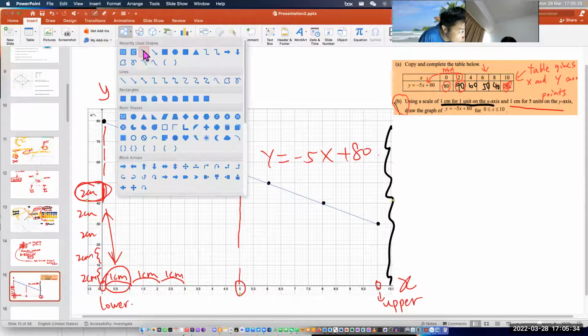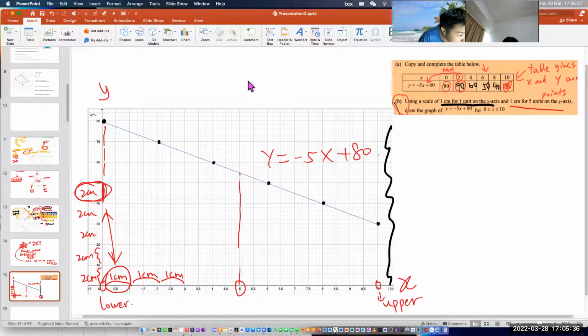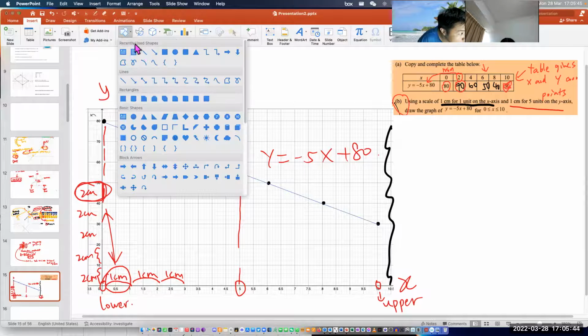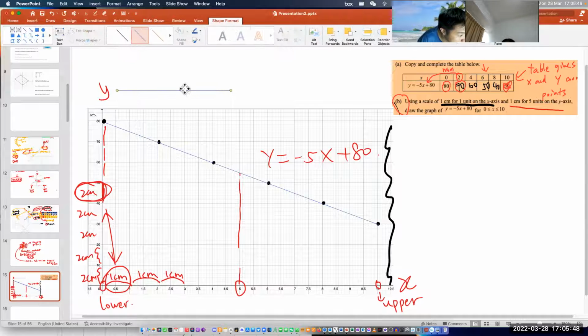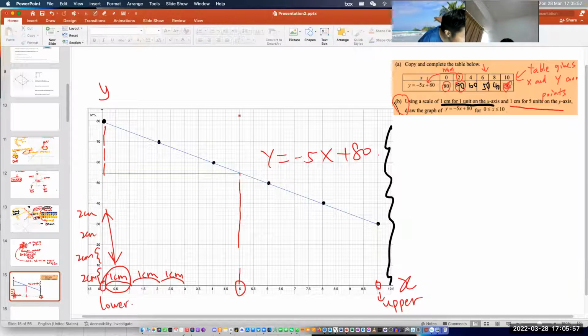So what's your y value? Hold on, let me just click on this. Okay. Yeah, good. So this value, just read it off the graph. Okay, so looks like it's in between 50 and 60, so should be 55.